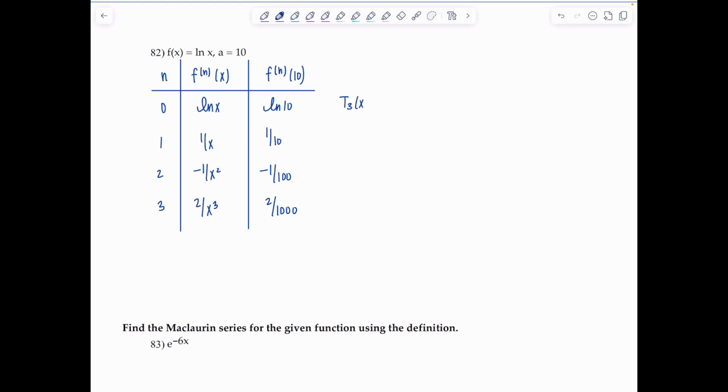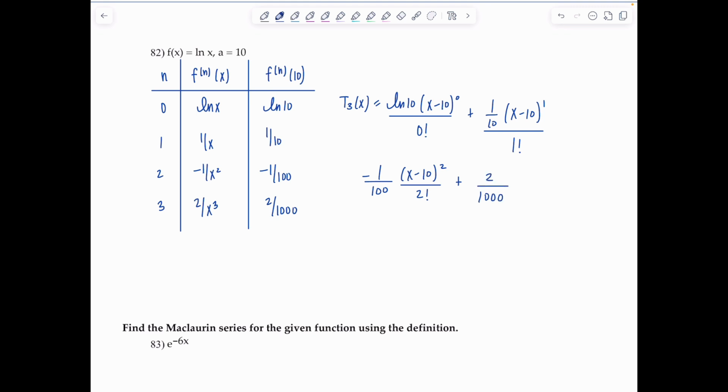So t sub 3 of x is going to be ln of 10 times x minus 10 to the 0 over 0 factorial plus 1/10 times x minus 10 to the first over 1 factorial minus 1 over 100 times x minus 10 squared over 2 factorial plus 2 over 1,000 times x minus 10 cubed over 3 factorial.